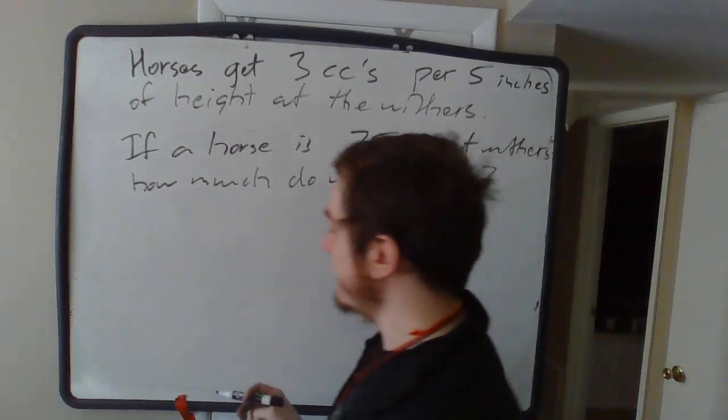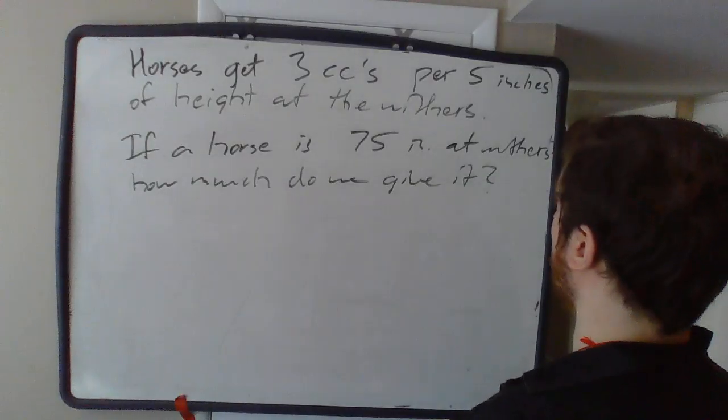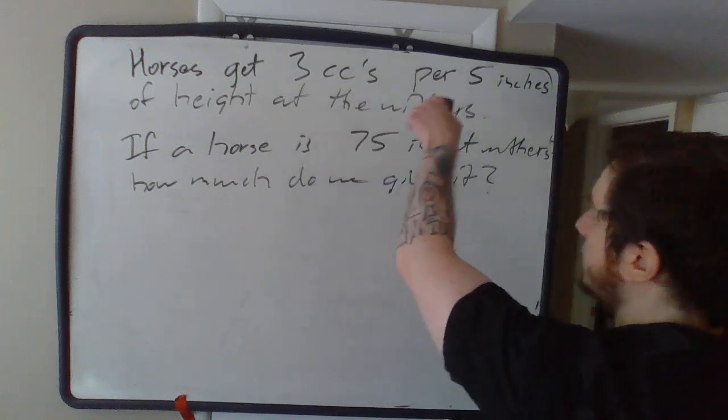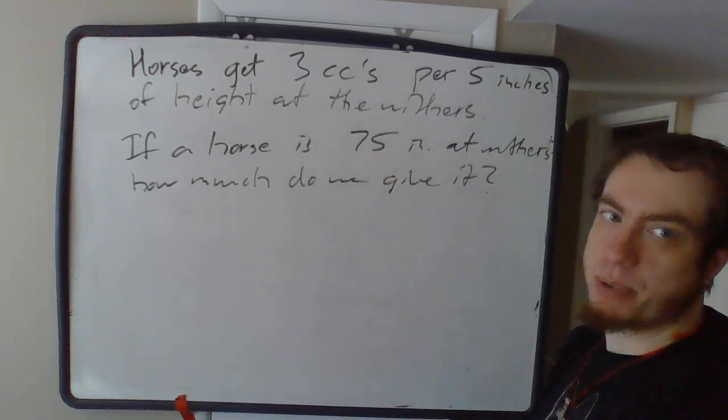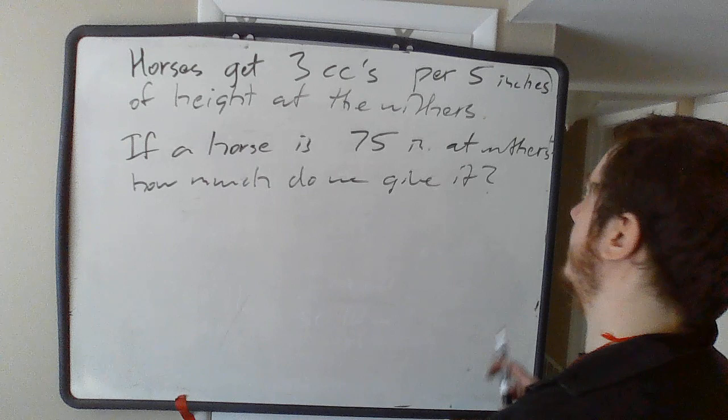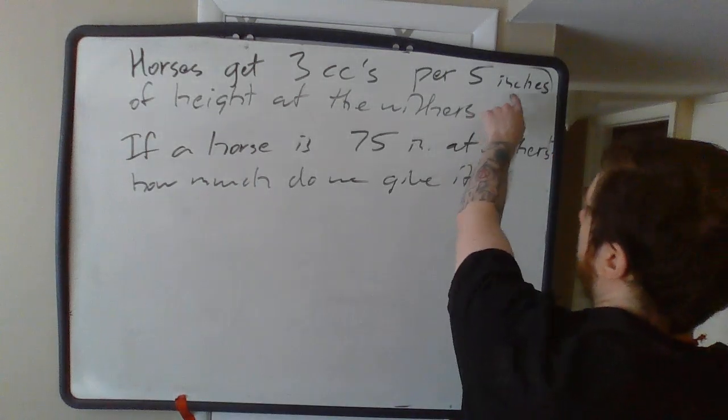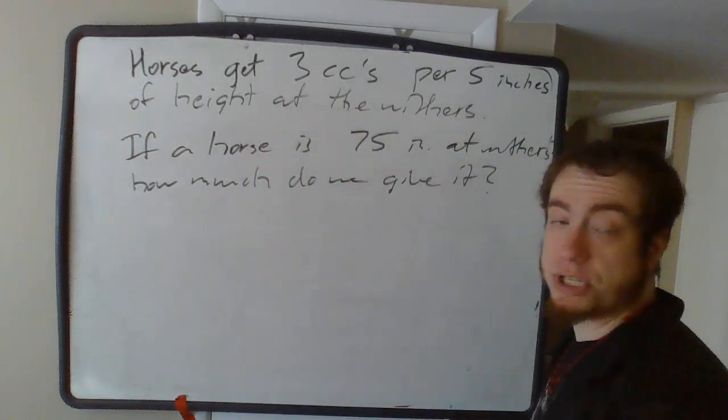Well, in this case, we need to make sure that our units are going to work out. So we need to end with cc's as our unit. That should be our final unit. And we want to do this per height at the withers in inches.